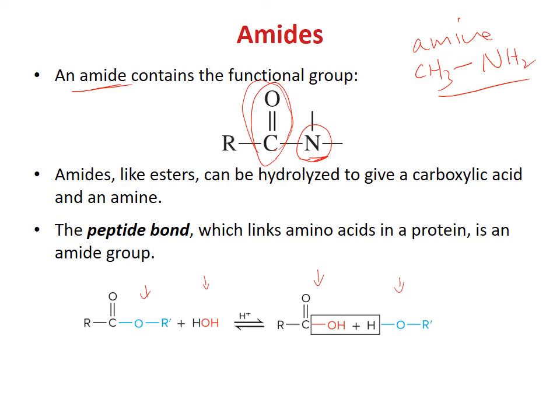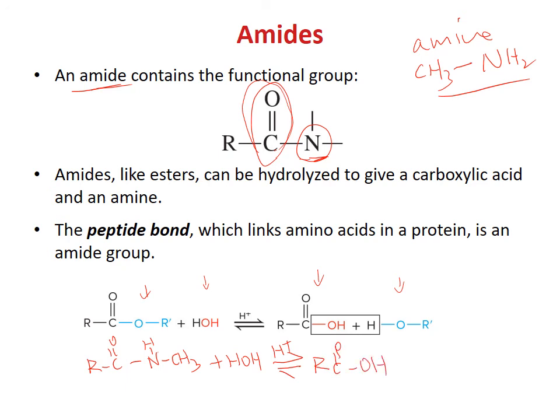Similarly, if it's an amide, so R, C=O, and let's say this is H, this is another alkyl group, let's say CH3, so that's an amide. In water, under acid conditions, it hydrolyzes, and that will give you a carboxylic acid.